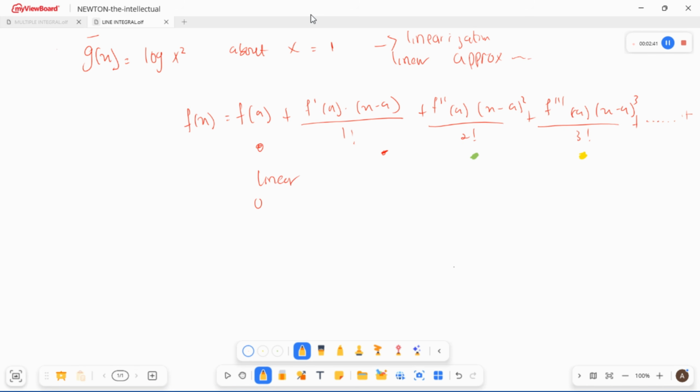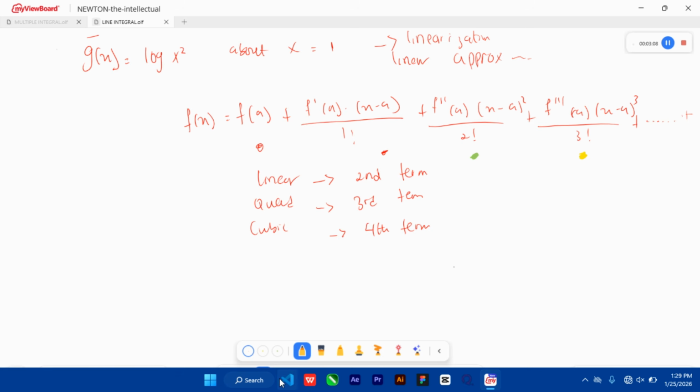For linear approximation, you stop at the second term of the Taylor series expansion. For quadratic, you stop at the third term, and for cubic you stop at the fourth term. Now, having this at the back of our mind, we can easily solve any question under linear approximation, linearization, quadratic approximation, and even cubic approximation.